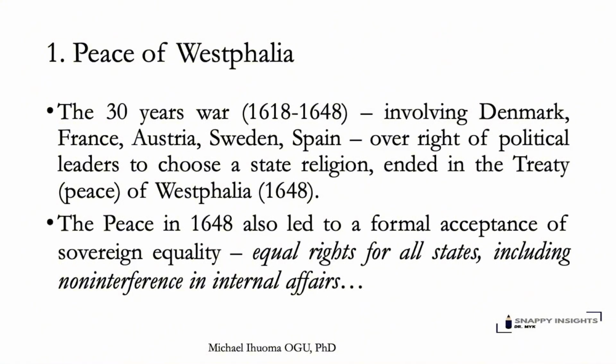These are principles that still subsist in the international system today, which can be traced back to the Treaty of Westphalia. So that is one significant historical event that still bears a meaning for us in international relations today, and of course global politics, because these principles still govern global politics today.